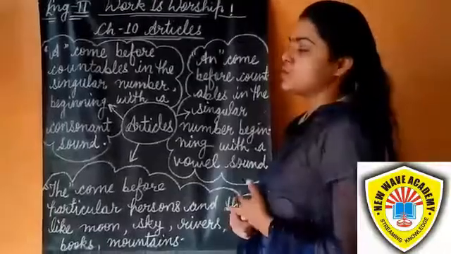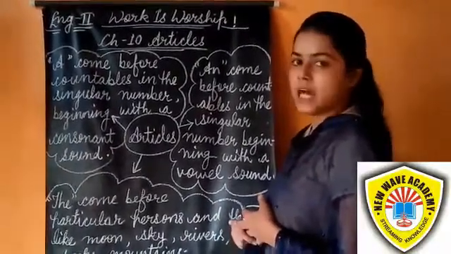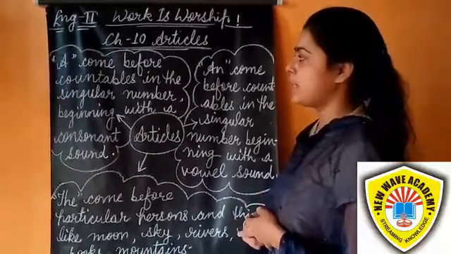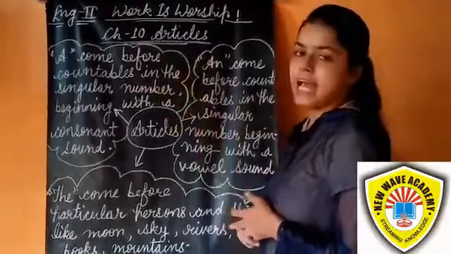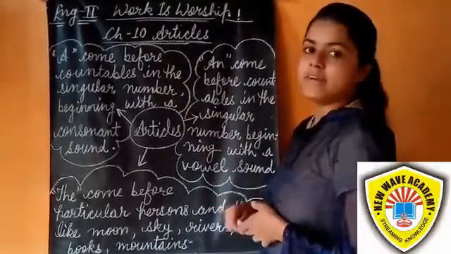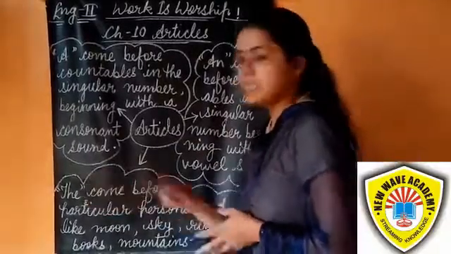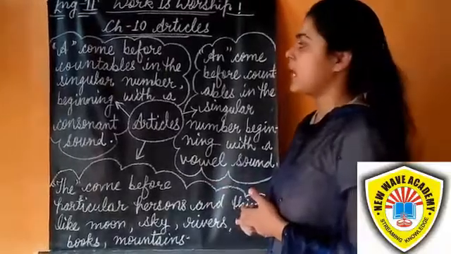So students, let's see a quick revision of this chapter. In this video we have learned about articles. There are two types of articles, indefinite articles and definite articles. A and an come in the category of indefinite articles. The comes in the category of definite article.